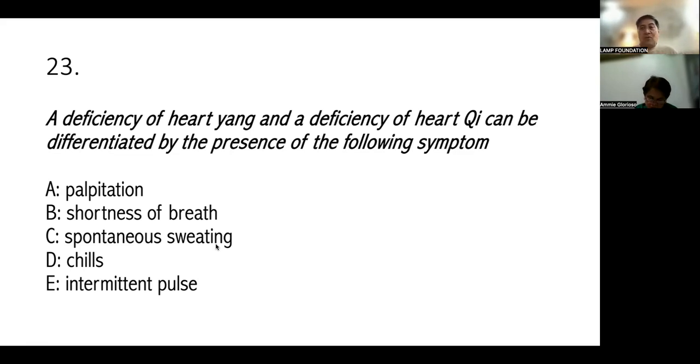Will the patient feel cold in heart yang deficiency? Kulang siya sa yang, di ba? Sir Henry? Kapag kulang siya sa yang, will the tongue look dry or will it be moist? Yang deficiency, kulang sa yang.